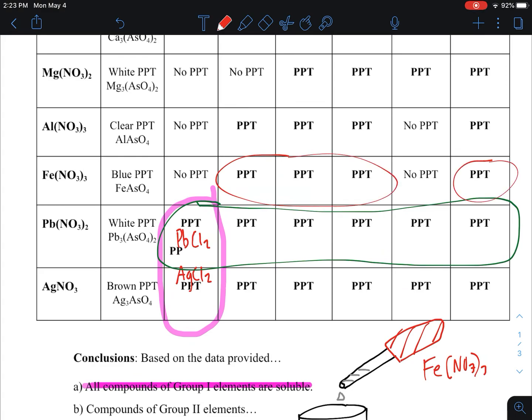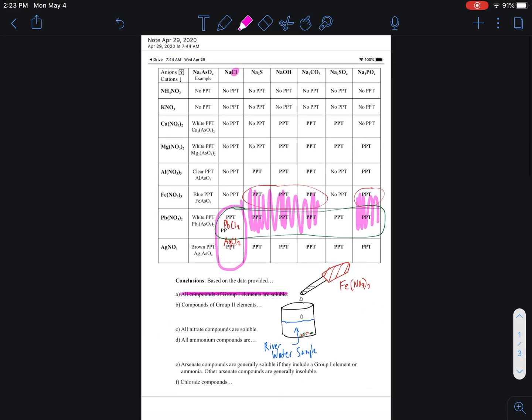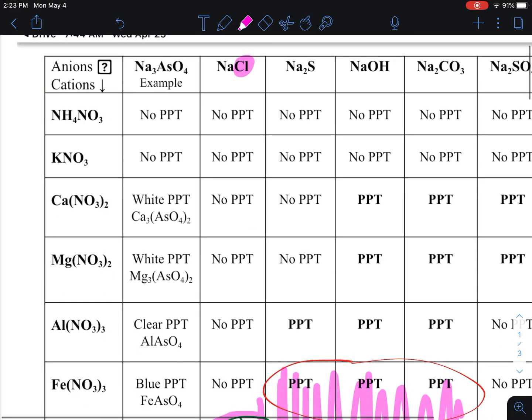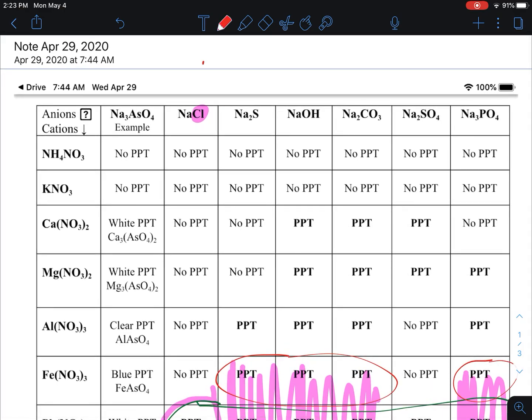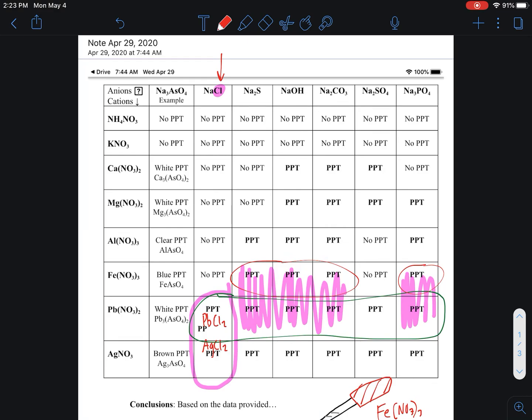So what have we narrowed it down to? Well, it could be any one of these now. So we just determined that there is no chloride in the sample of river water because chloride does not form a solid with iron nitrate.